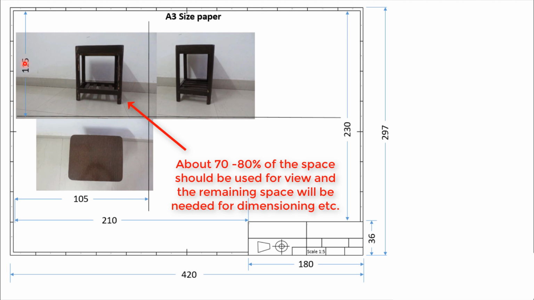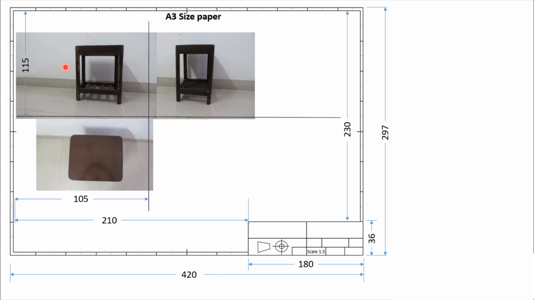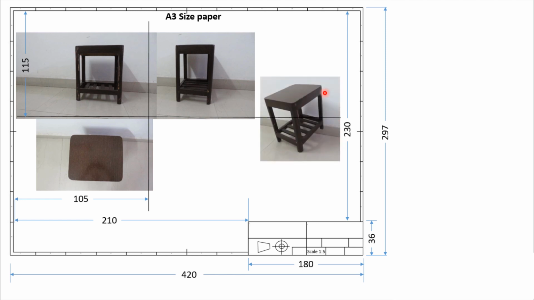Out of 115, we should not use all the space because there will be some space needed for dimensioning and for some other information. So we should use only part of this 150, only part of this 115 millimeter. So now we can do a small calculation. Here I have shown you how the isometric view of this object should look.